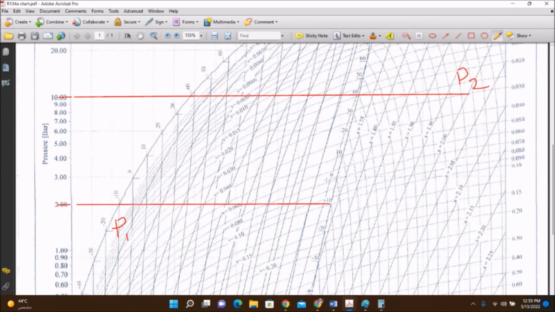Now, isentropic compression. Isentropic compression is from this point where it touches this curve. I need to go parallel to this. See, these are the isentropic lines, S equal to 1, S equal to so on. I need to go from this point isentropically like this.